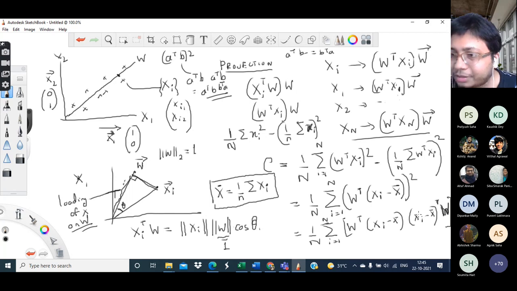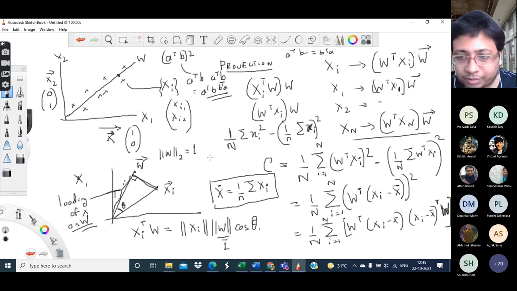But in doing that, something strange has happened. Just to remind you, W is a two-dimensional vector, the unit vector around this direction, so it's 2 cross 1. Xi is also 2 cross 1.